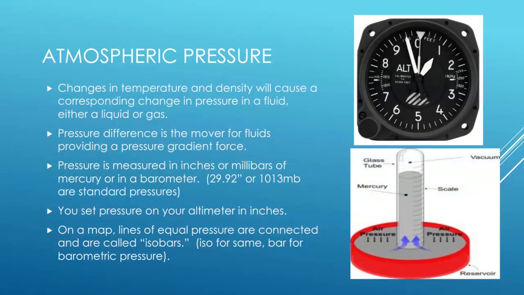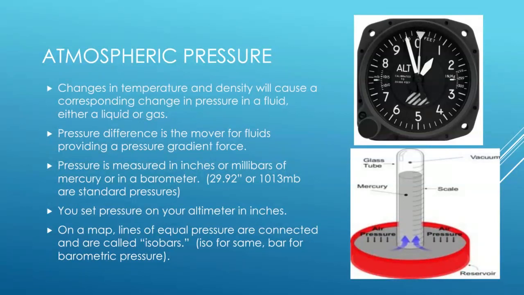And pressure again is a force applied by the air over a given area, and it is applied in all directions. The farther down you come towards the surface, the greater the pressure, because all the air above it is being pulled down by gravity.